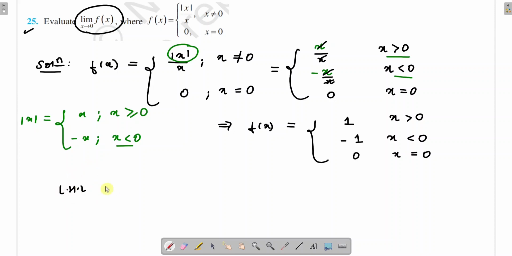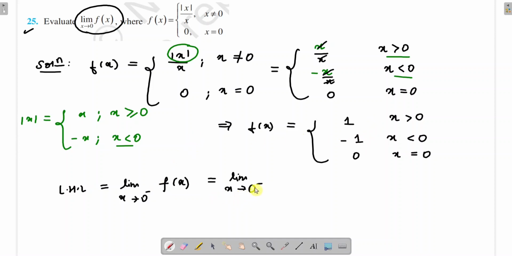So left hand limit, first let us find limit x tends to 0 minus of f(x), which is equal to limit x tends to 0 minus. Now f(x), if you look at, then which definition you have to take?